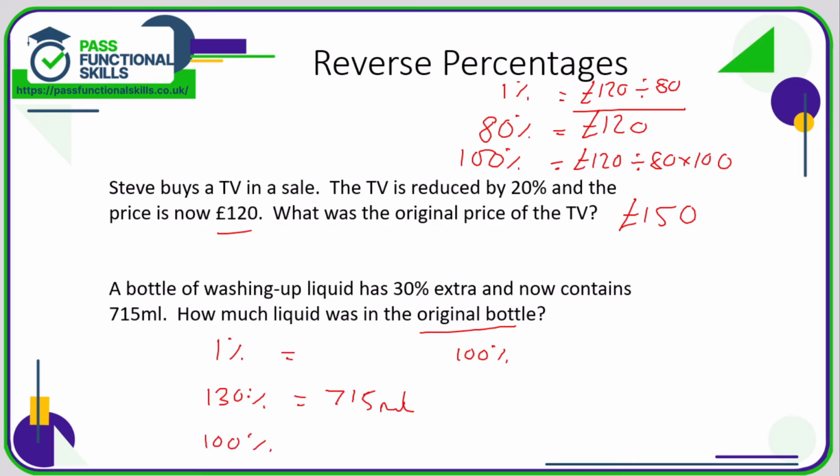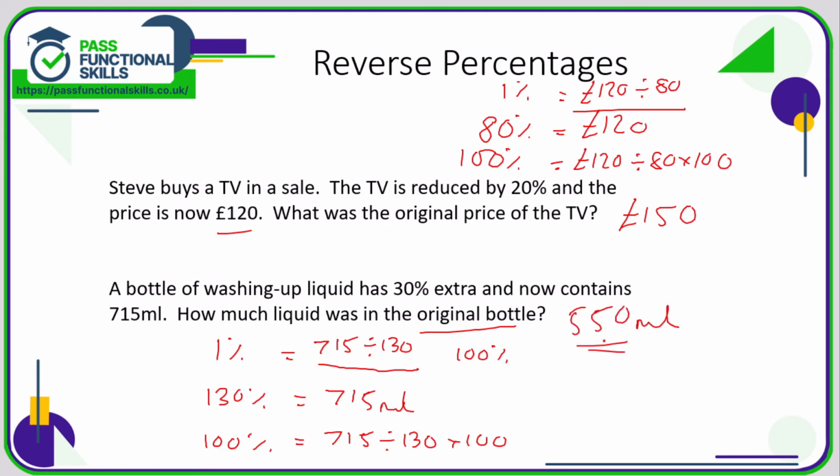So if 130% is 715, then 1% is going to be 715 divided by 130. And if this is the calculation for 1%, then 100% is going to be 715 divided by 130 multiplied by 100, and 715 divided by 130 times 100 comes to a total of 550 millilitres, and we are expecting this to be a lower value than the 715.